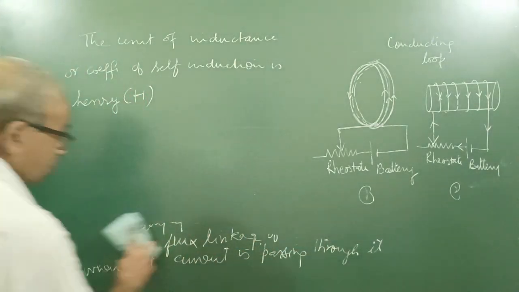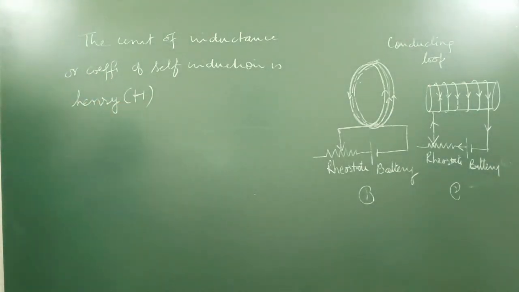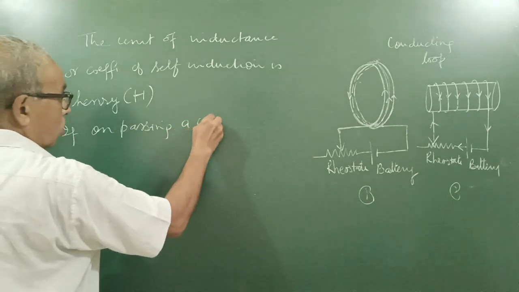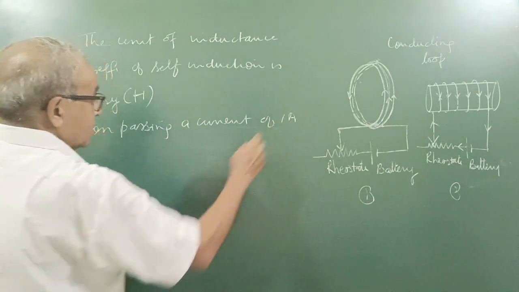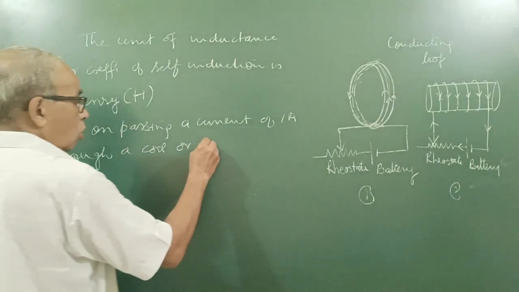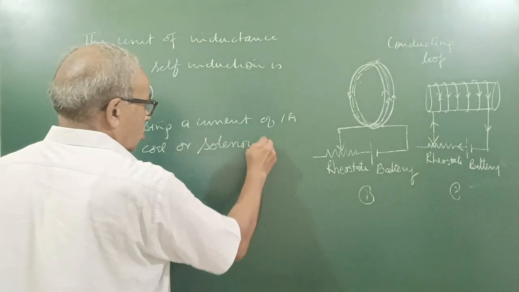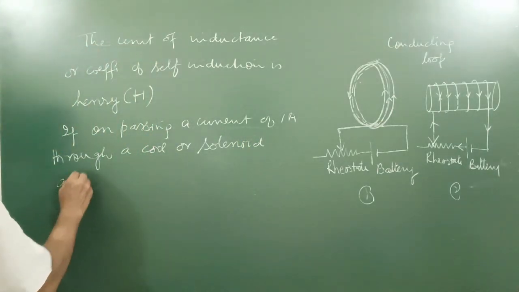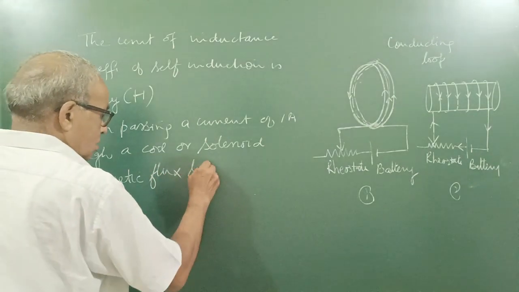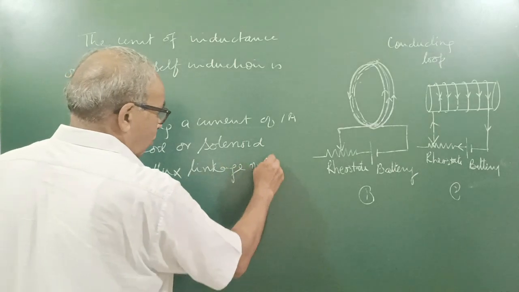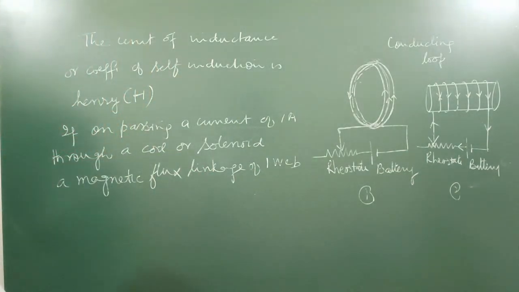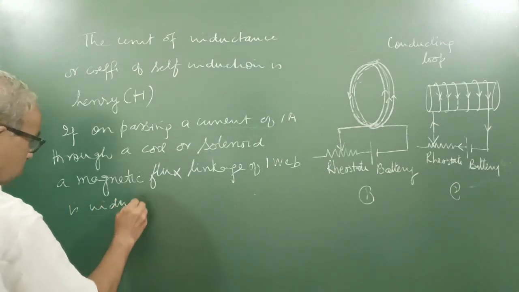So when is it 1 Henry? If on passing a current of 1 ampere through a coil or solenoid, a magnetic flux linkage of 1 Weber is induced, then the coefficient of self-induction is 1 Henry. The unit of magnetic flux linkage is Weber.